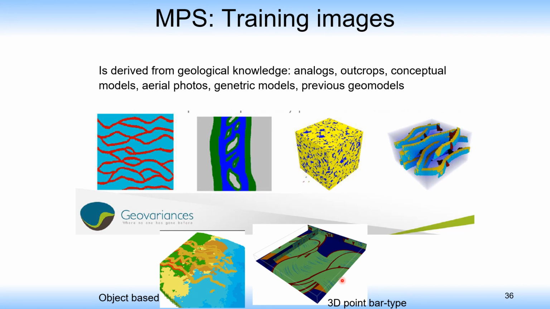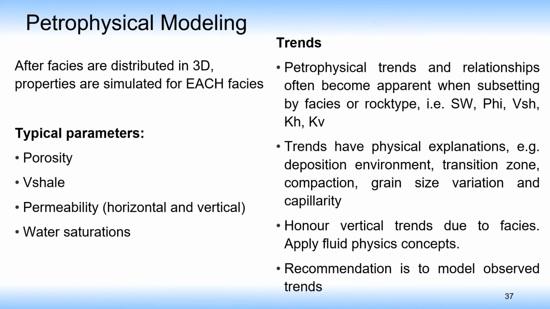Surface-based modeling is becoming more prevalent as a toolkit for building training images. So there's a whole discussion to be had on this, but it is a way to honor facies transitions and higher order statistics, as they're called.